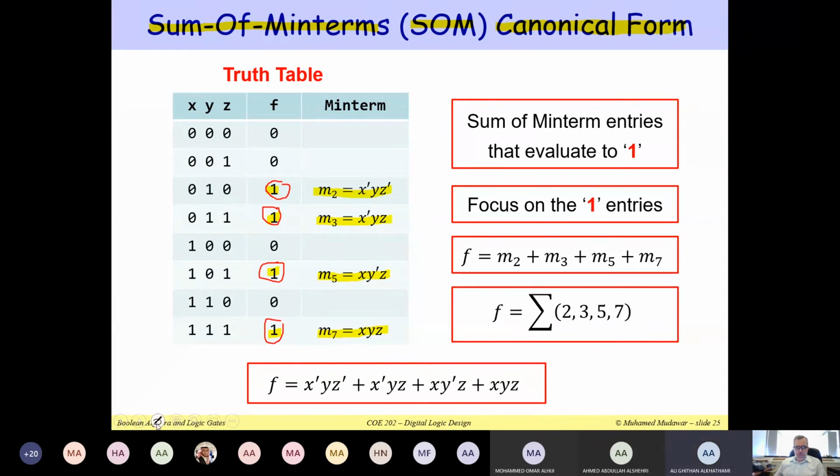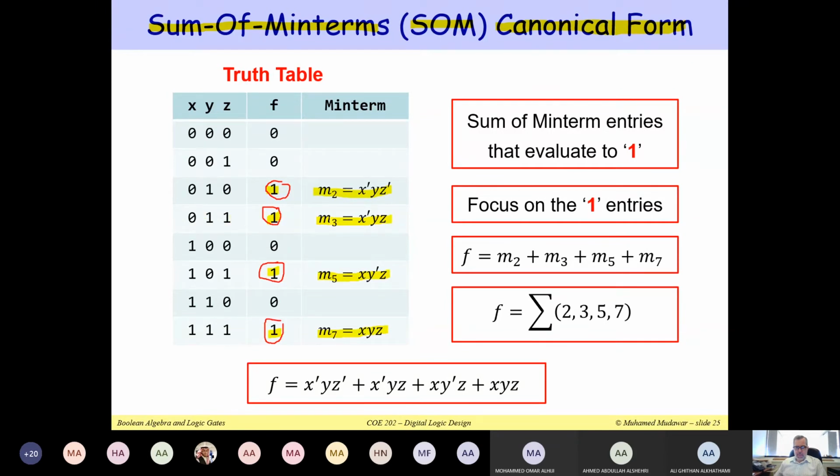So in the sum of minterms, these minterms will be equal to 1 for these 4 cases only. And this is why we wrote it as a sum of minterms. So we focus on the 1 entries of the function. So this is why we have here, it is 1 for 0, 1, 0. So this is minterm sub 2.